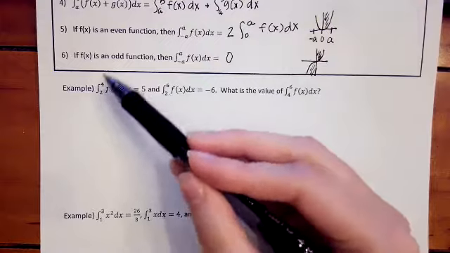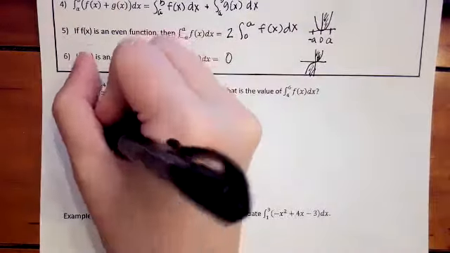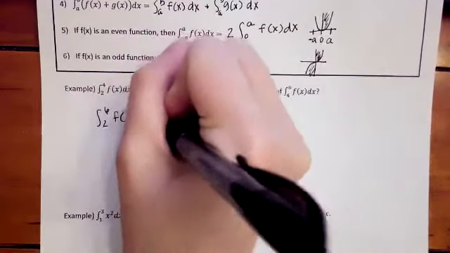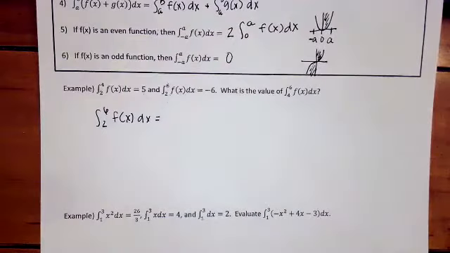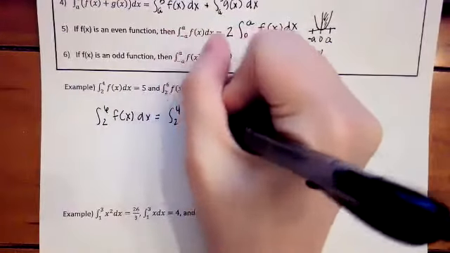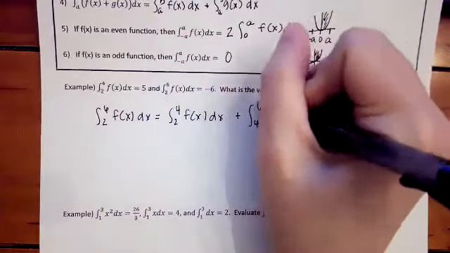That's the biggest interval between a and b for any of these. Okay, so I'm going to let that equal the area between 2 and 4 plus 4 to 6.